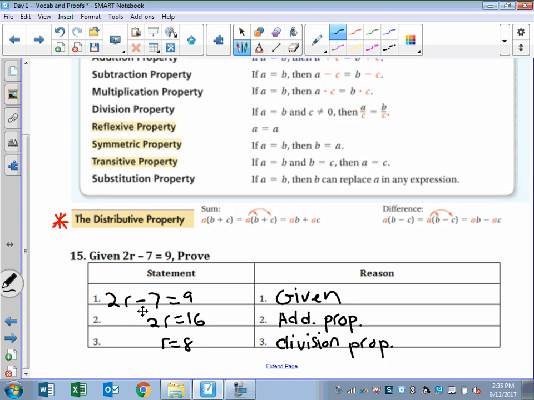There wasn't enough space for me to write the steps in between. So I showed you and then I went back and erased, but we did plus 7 here, plus 7 here, divided by 2, divided by 2. So that's how we got to r equals 8.